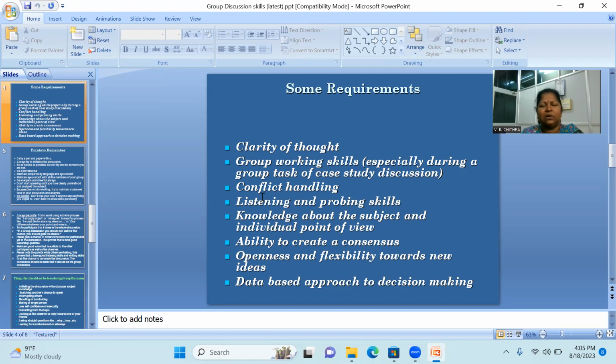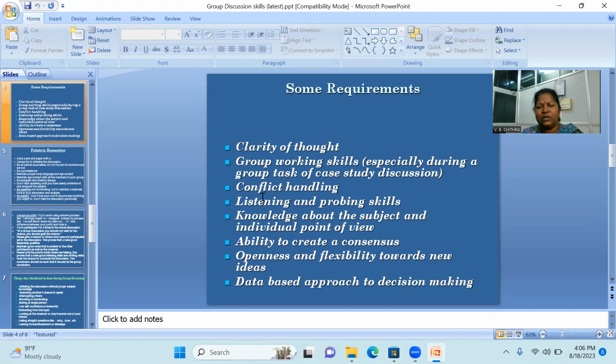Next, a candidate must have openness and flexibility towards new ideas. When a new concept is introduced by any member, the others should be in a position to accept it. Such flexibility and adaptability should be there.